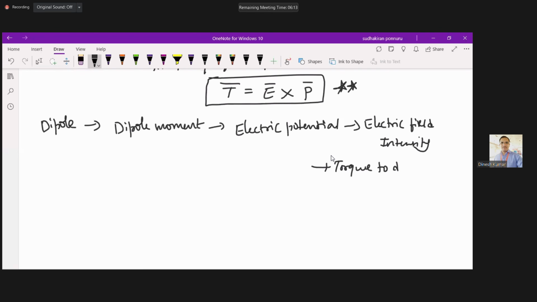So these are all the concepts that come under dipole. From here to here all are SA type, and from these two we have short type of answer.